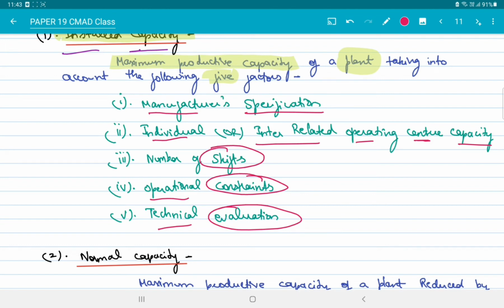There are interrelated operating centers' capacities, like other departments, that must be considered. Then the number of shifts. Then operational constraints, such as maintenance or preventive maintenance. And technical evaluations are also done to fix the installed capacity of a plant.